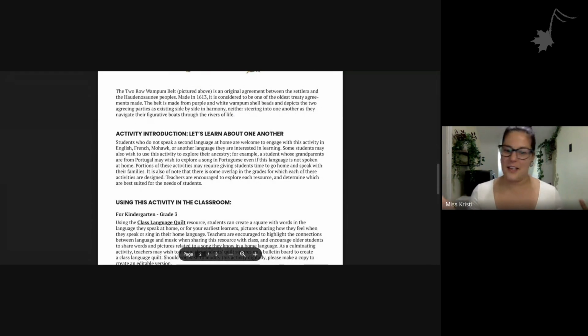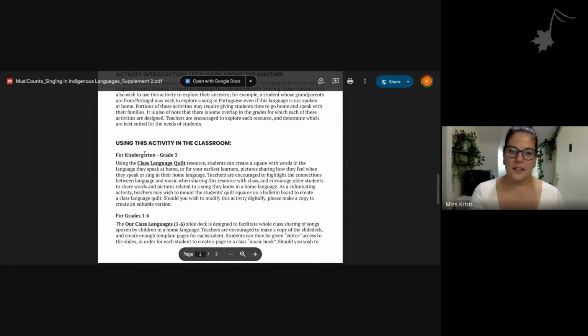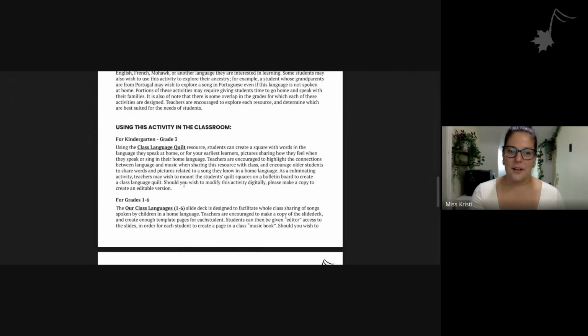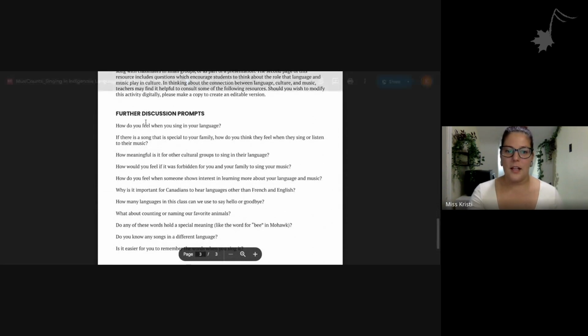And the activity is just that, learning about one another. It's by the ages, and really it's just talking about your own songs, you can see that in the discussion prompts here. Like, how do you feel when you sing in your language? Even if you don't have a language other than English, if there's a song that's special to your family, how do you feel when you sing that song?